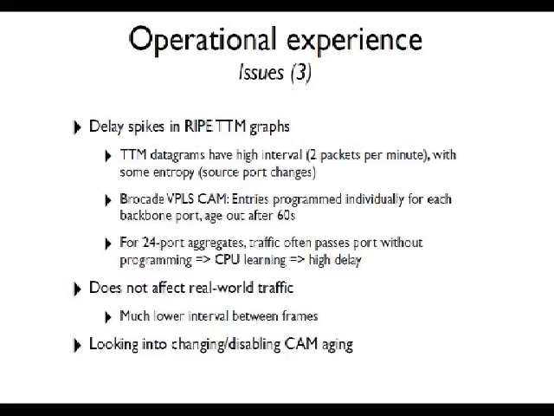And the CAM times out in 60 seconds, so the chances that the packet goes over a link that wasn't programmed in the CAM made it that it had to go to the CPU, it had to be programmed in the CAM. That causes some high delays. And sometimes it is in the CAM, so then the packet flows quickly, and you don't see the delay, so that's why you see all the high jitter.